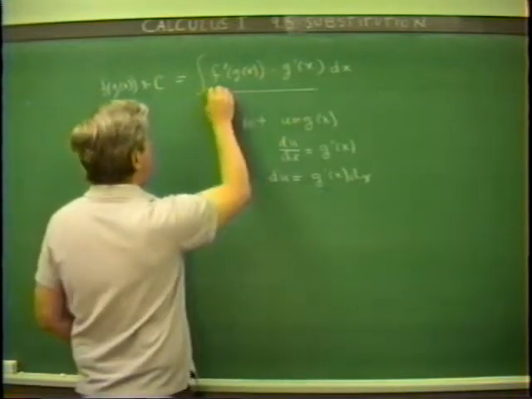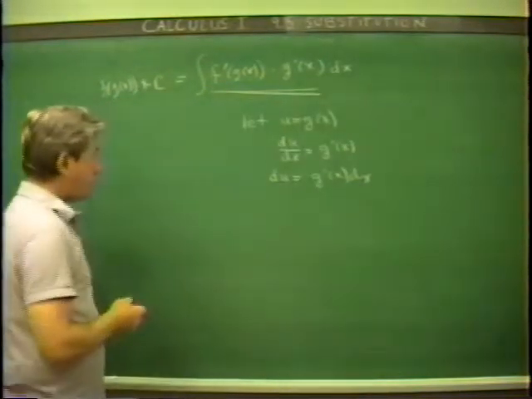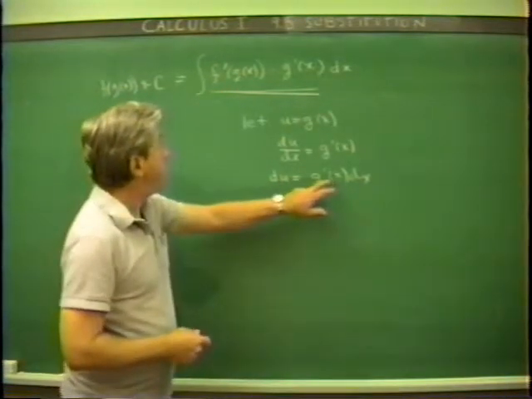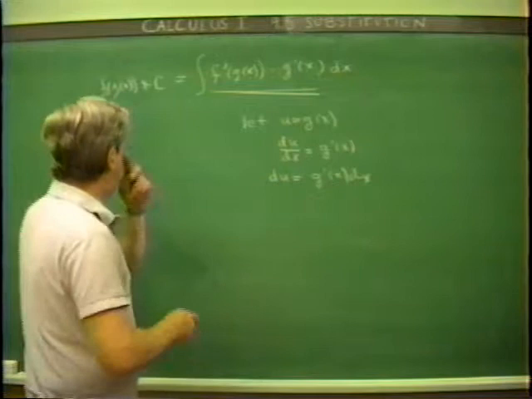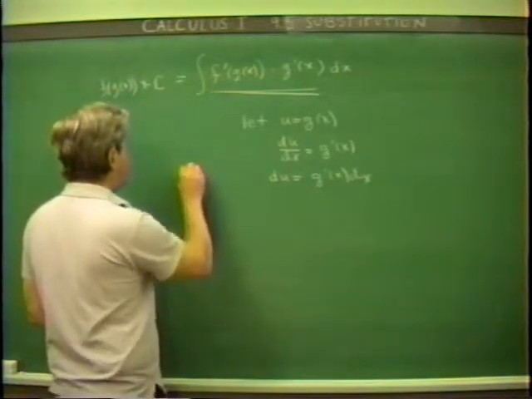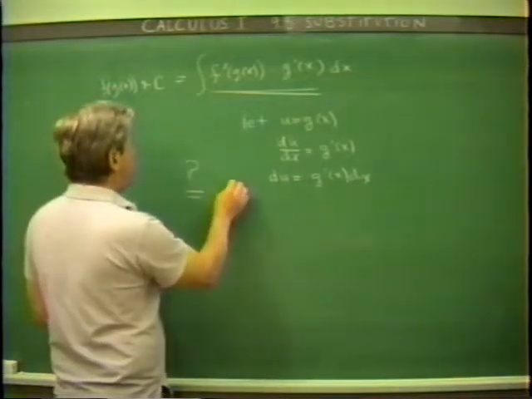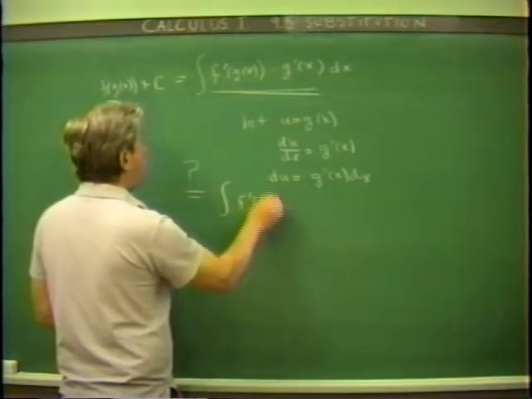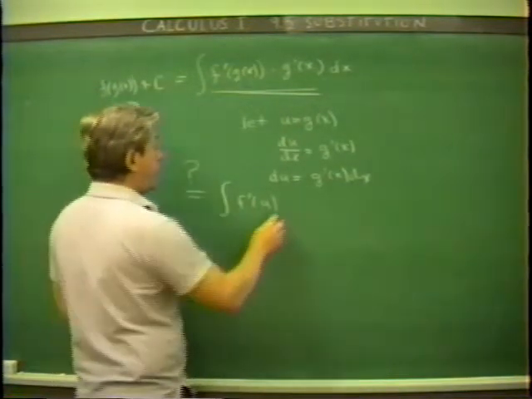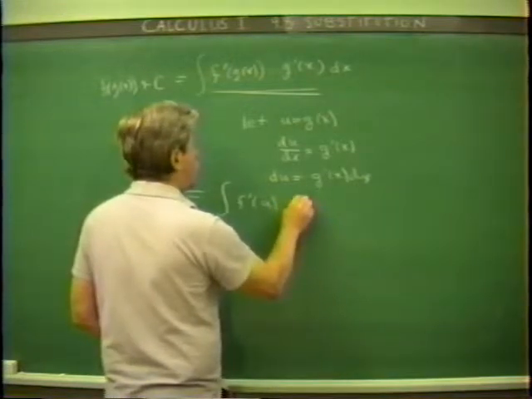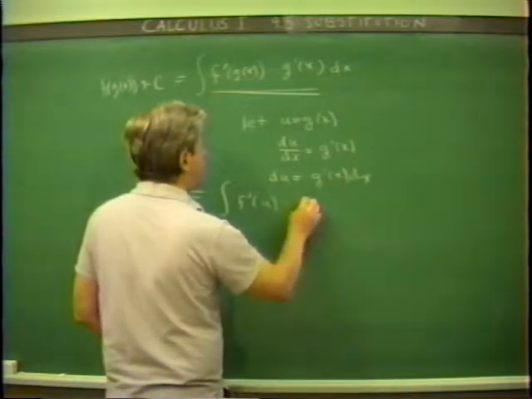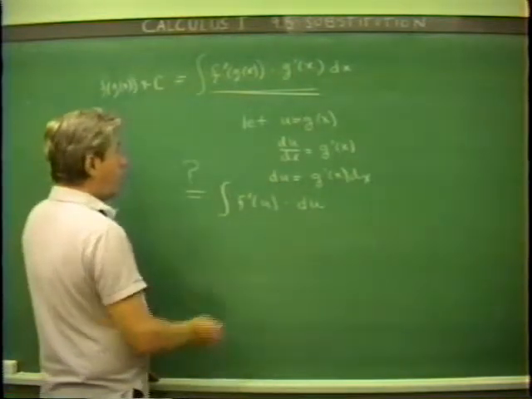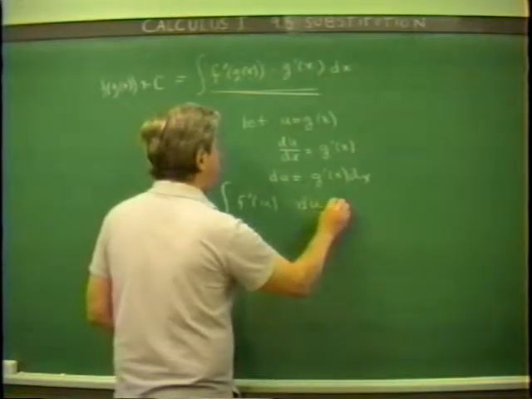And now the question is, could we change this by putting u in for g, and where we see g prime of x dx, put du. So the question is, is this equal to the antiderivative of f prime of u, putting u in for g of x, times g prime of x dx, which we substitute with du? And what?